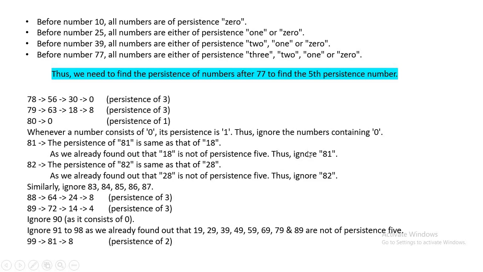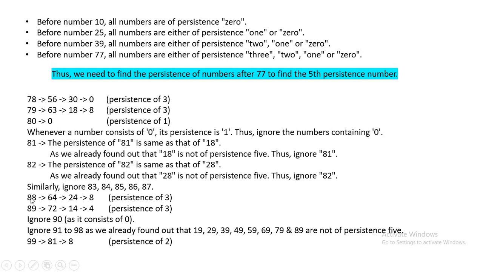So ignore 81. Similarly, 82 has the same persistence as 28, which is not of persistence 5, so ignore 82 also. Similarly, 83, 84, 85, 86 and 87 also need to be ignored, because the persistence of 87 is similar to that of 78, that is 3, and we already calculated that.